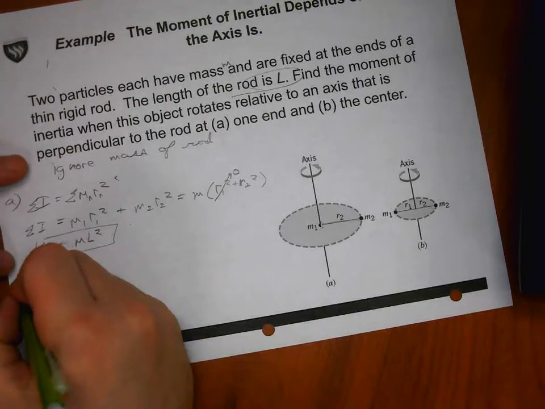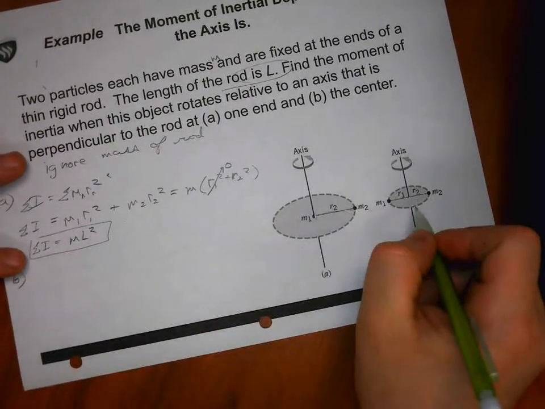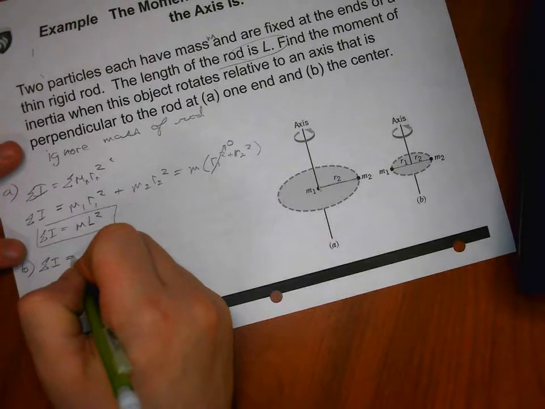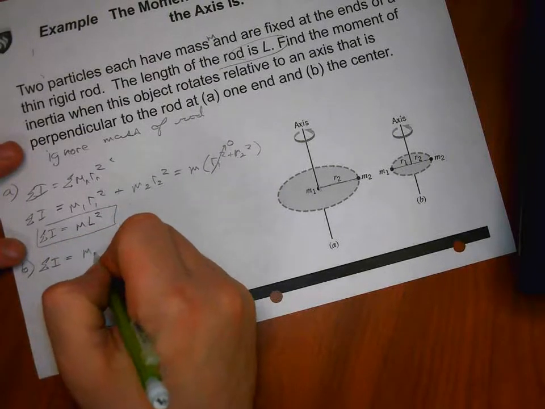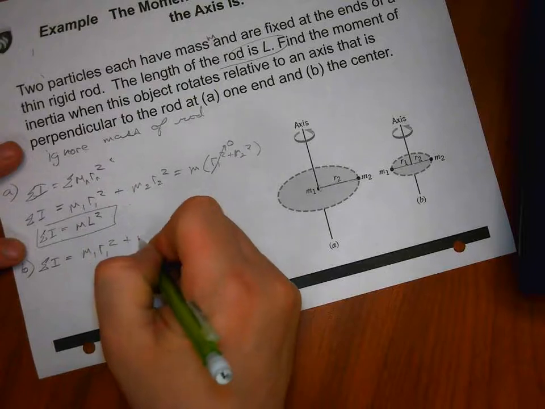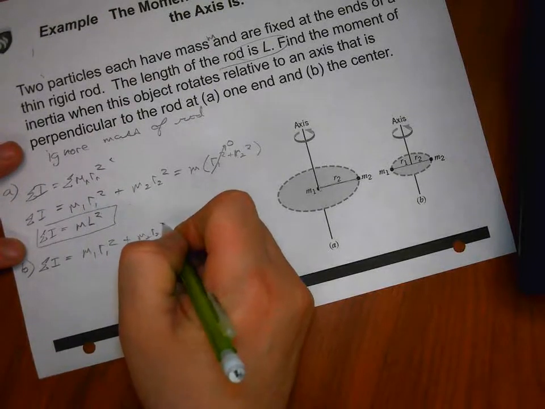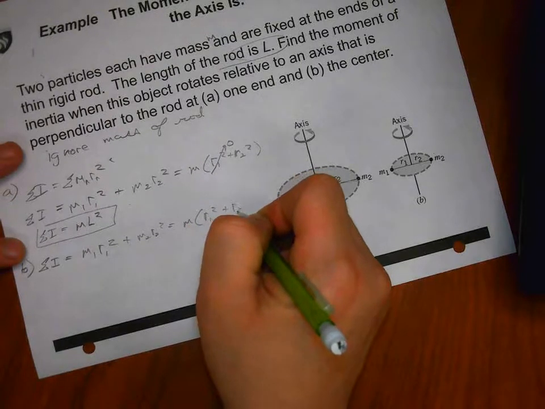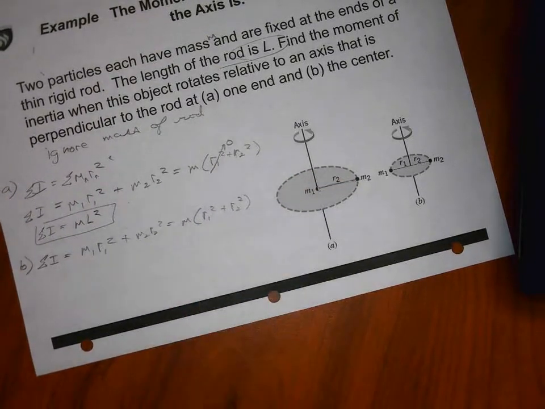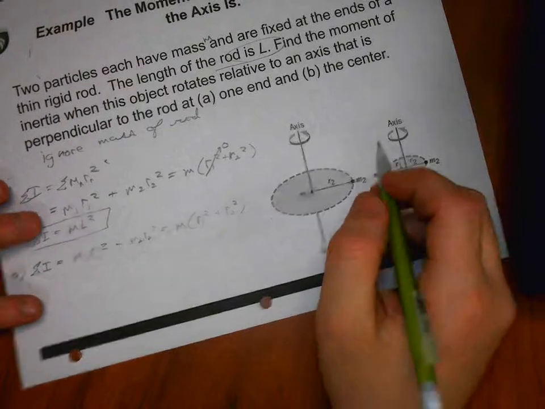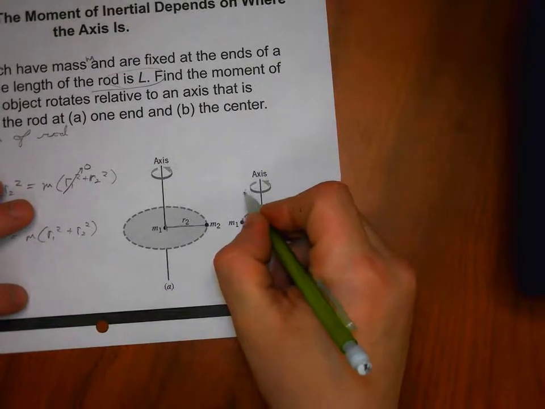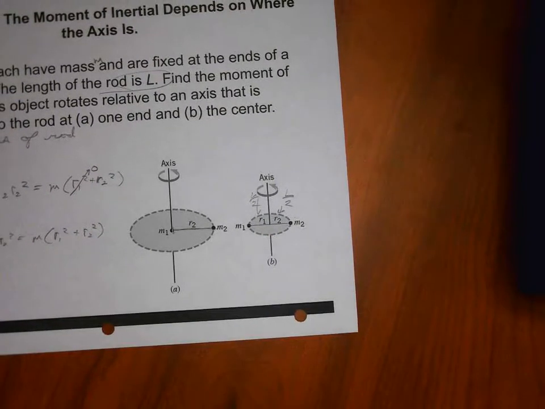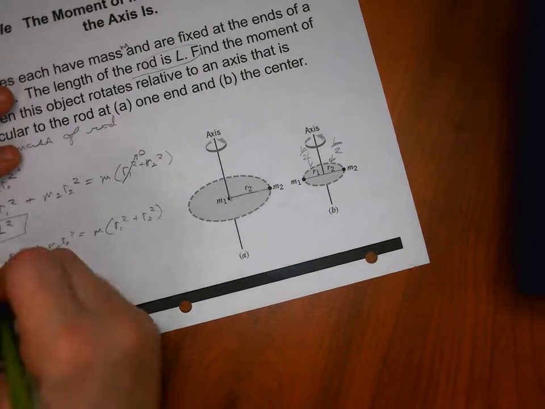Now, if we look at the other situation, the sum of the moments of inertia equals m1 r1 squared plus m2 r2 squared, just like before, which equals m times r1 squared plus r2 squared. But now the distances have changed, and each side is L over 2. That is r for each mass.